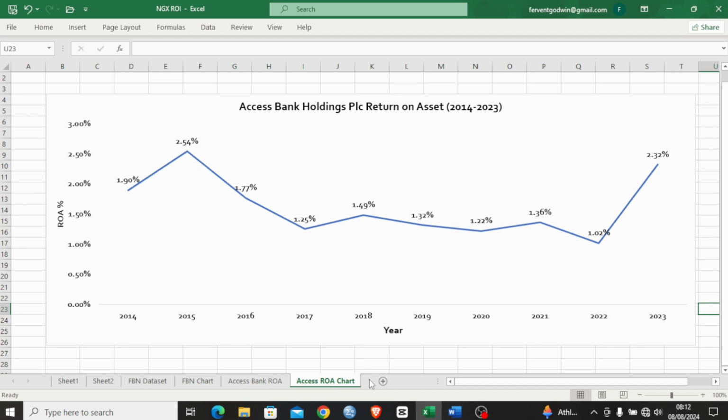But before we start talking about this beautiful chart you're seeing here, let's take a look at what the data that generated this chart looks like and how we were able to derive these percentages. And before we eventually talk about what they are communicating, what they mean for this particular bank.